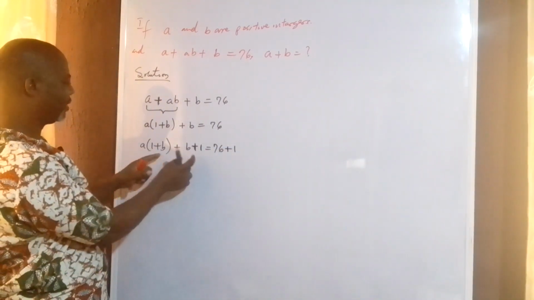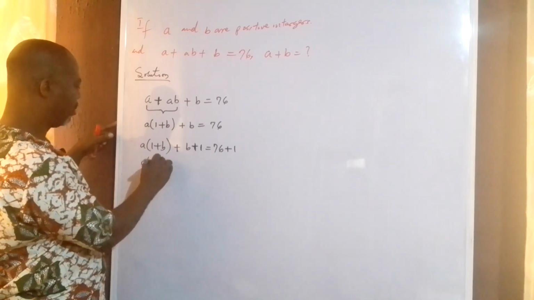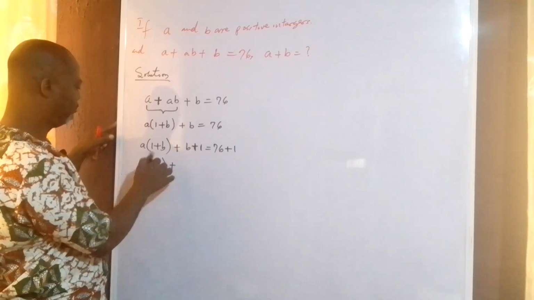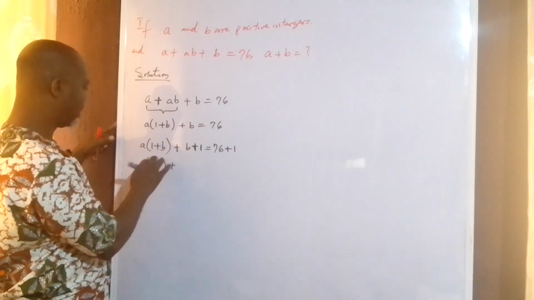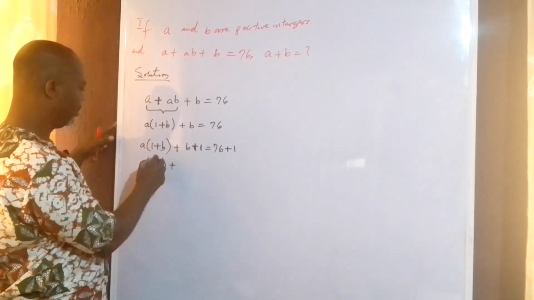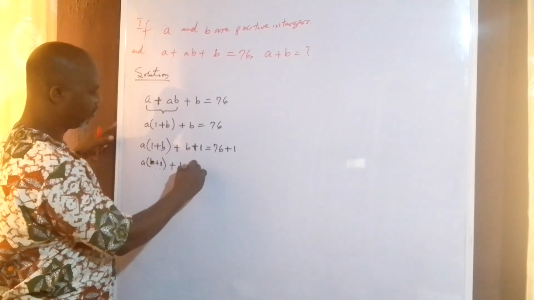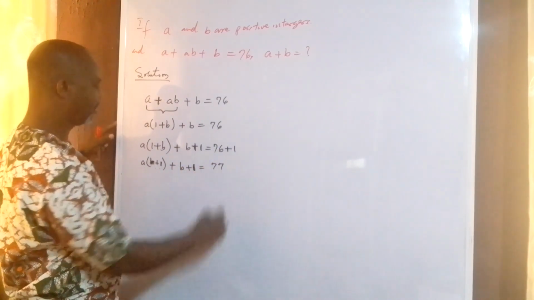And so I can now have the two factors. B plus 1 is the same thing as 1 plus b. Then I have b plus 1 equal to 77.